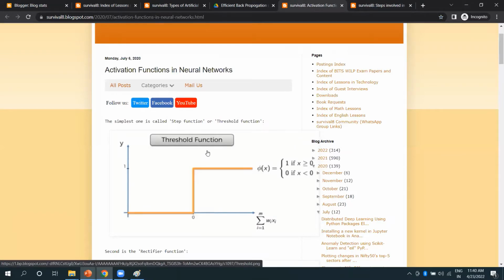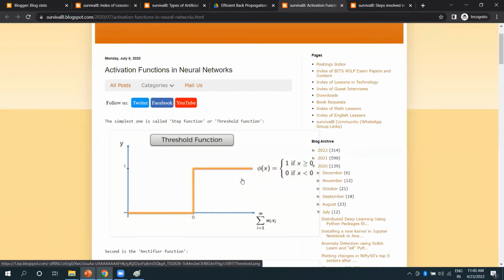This question is asked in interviews a lot of times: explain the kinds of activation functions you can use, and what the advantages and disadvantages of using them are. This is the threshold function, which is 0 for negative values of x and 1 for positive values of x, as shown over here.